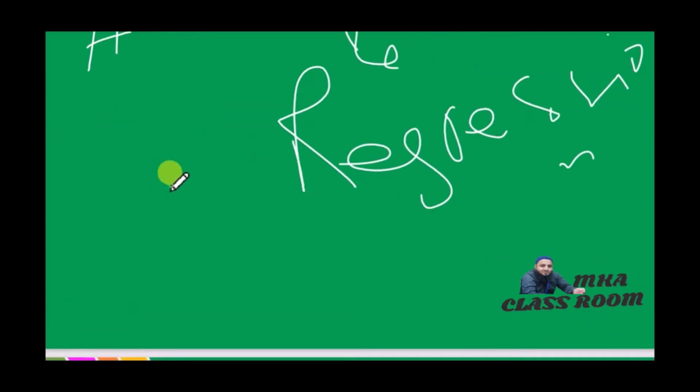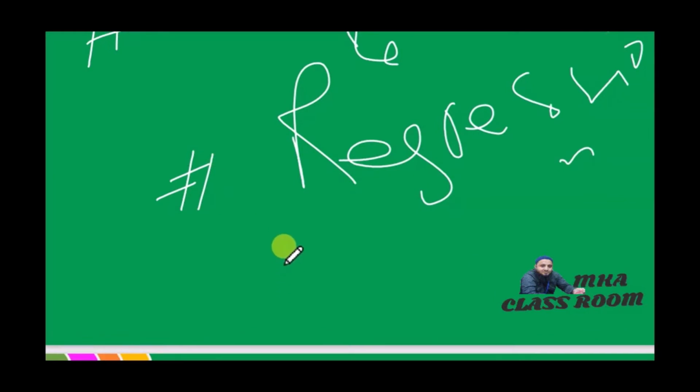Actually these are the two types of method we usually use to calculate beta, where the symbol is beta I.